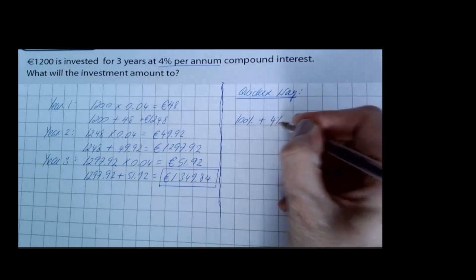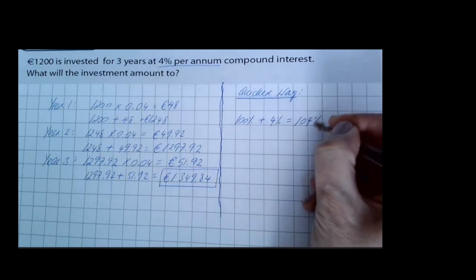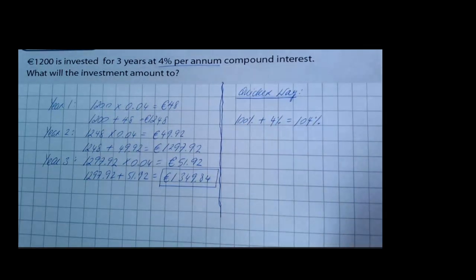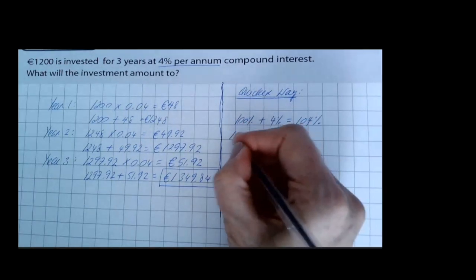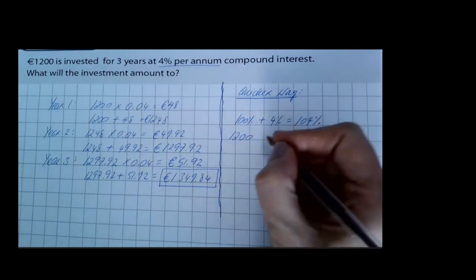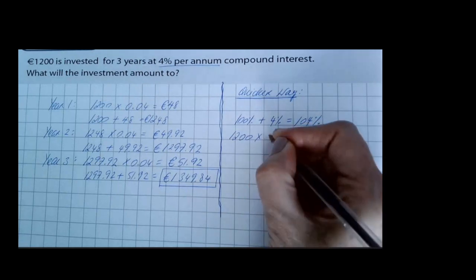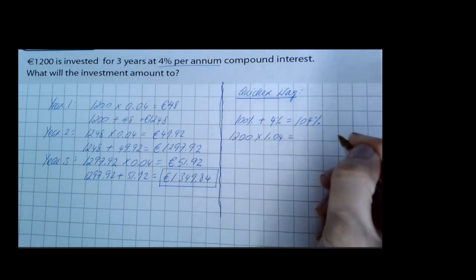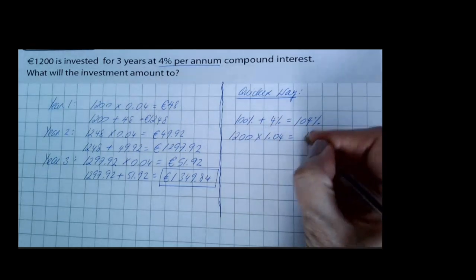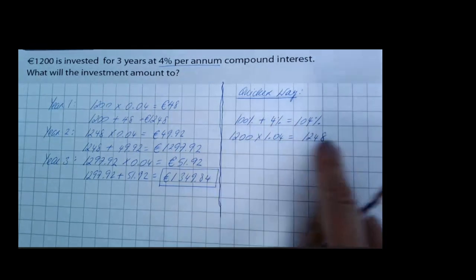Add on the 4%, we are really looking for 104%. Okay, so if I have 1,200 euros and I want to get 104%, again, you multiply by the decimal, so 1.04, I am getting the 1248. Yeah?